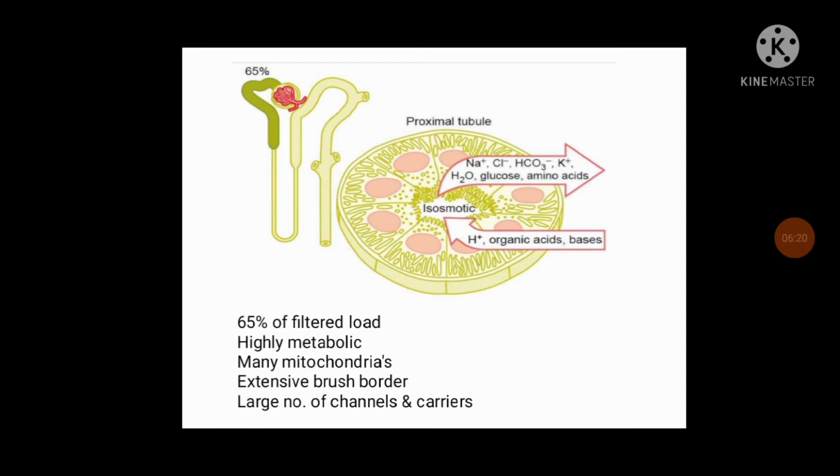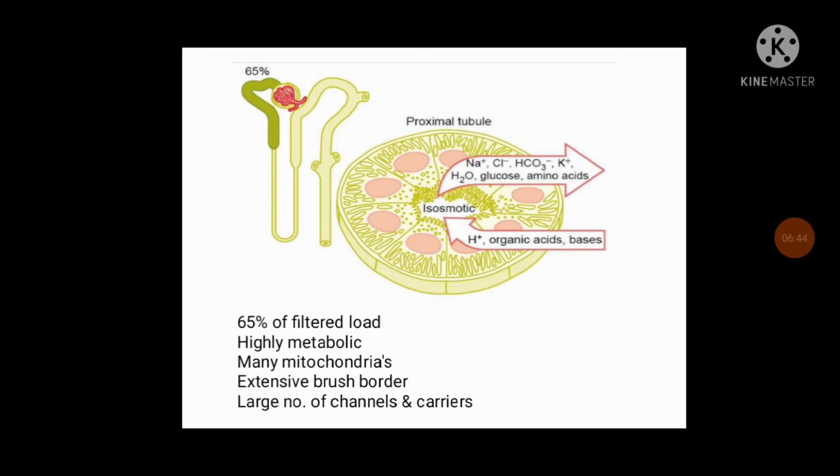Most of the substances like sodium chloride, bicarbonate, potassium, and water, almost 65% of these, are reabsorbed in the proximal convoluted tubule, whereas glucose and amino acids are reabsorbed back into the capillaries 100%.